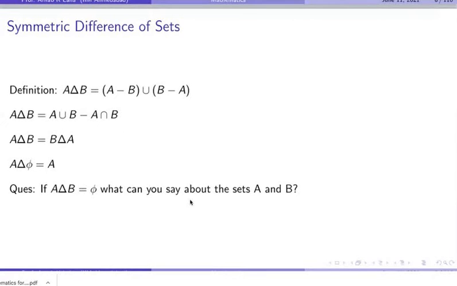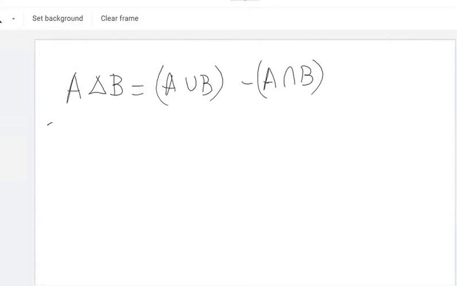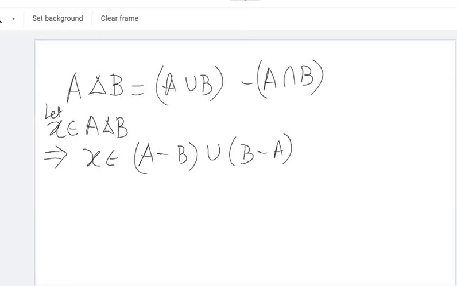And A delta phi is equal to A. So let X belong to A delta B. That means X belongs to A minus B union B minus A, which means X belongs to A minus B or X belongs to B minus A.